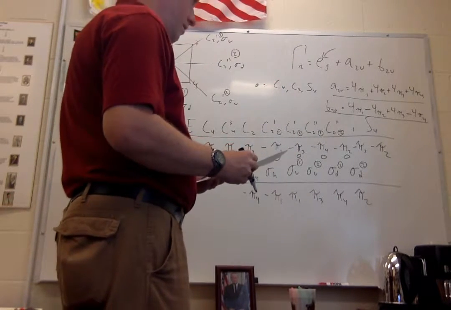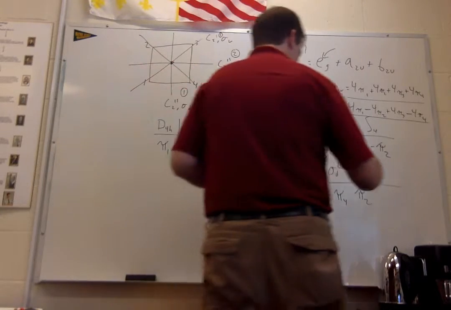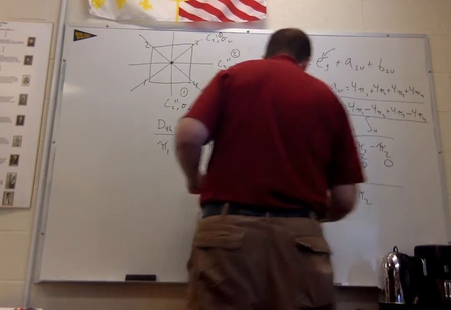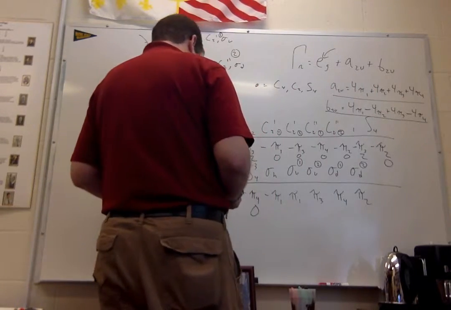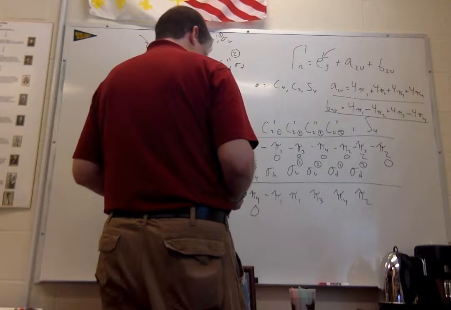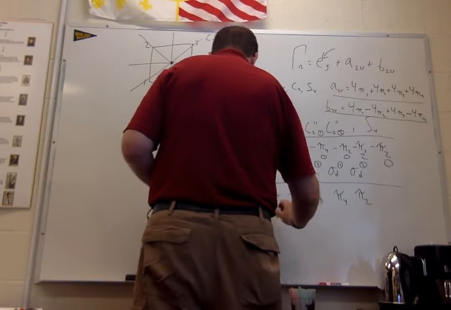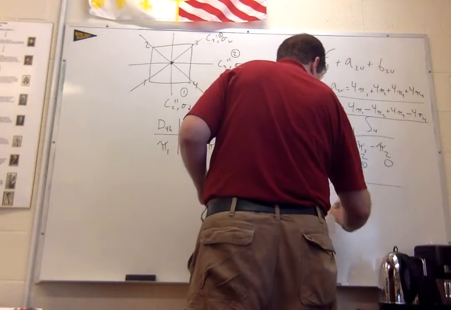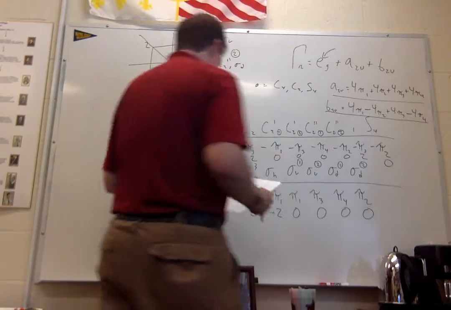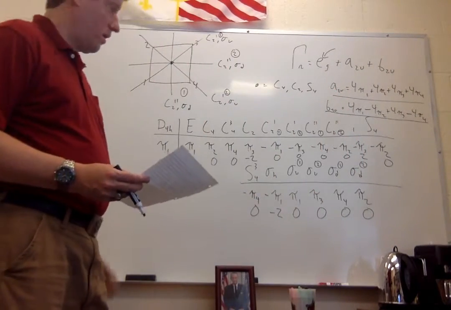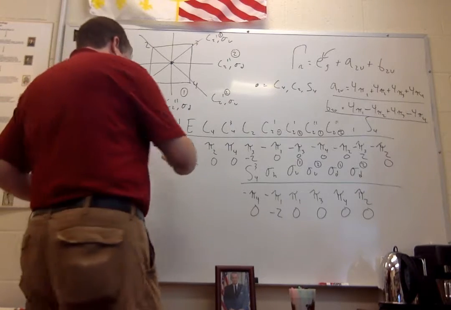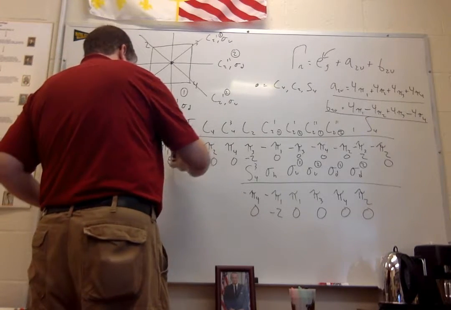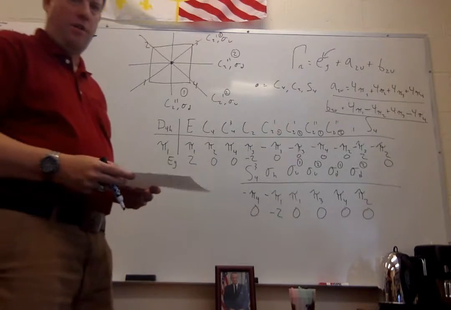The inversion center is a 2. Both S4s have a character of 0. The horizontal mirror plane is a negative 2, and all the remaining vertical and dihedral mirror planes are 0. Okay. So this is just off of the character table for the irreducible representation EG.